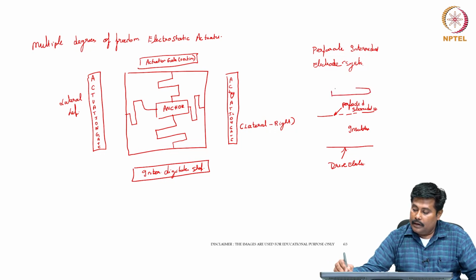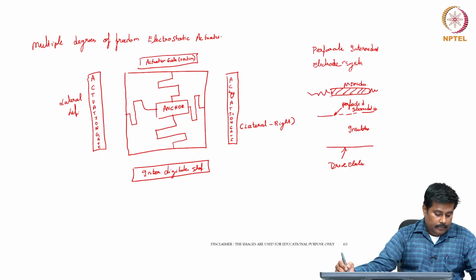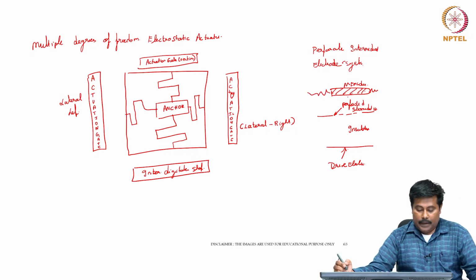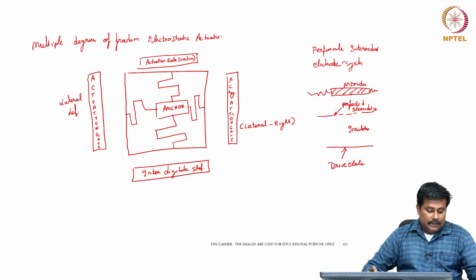And then there is a MEMS device. Based on the MEMS device, we can have an intermittent actuation which can be expected over here.